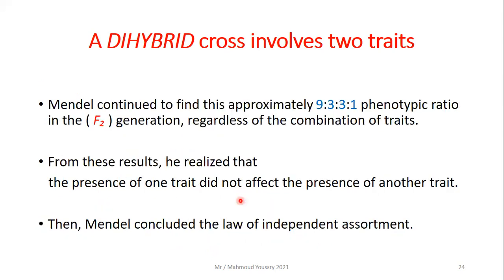So what is this? Mendel continued to find this approximately 9:3:3:1 phenotypic ratio in the F2 generation, regardless of the combination of traits. From these results, he realized that the presence of one trait did not affect the presence of another trait, and then he concluded the law of independent assortment.